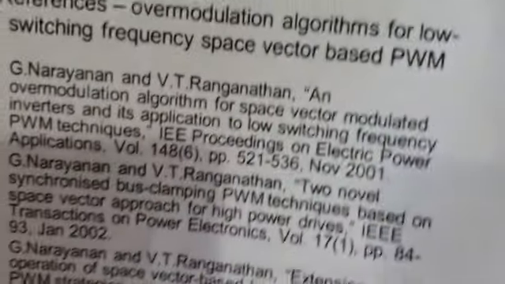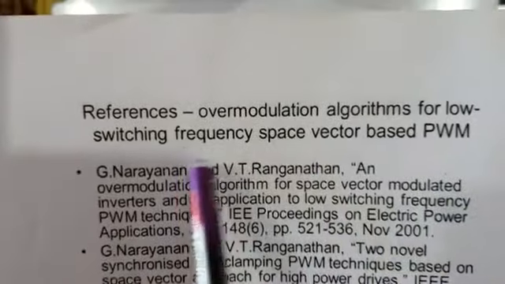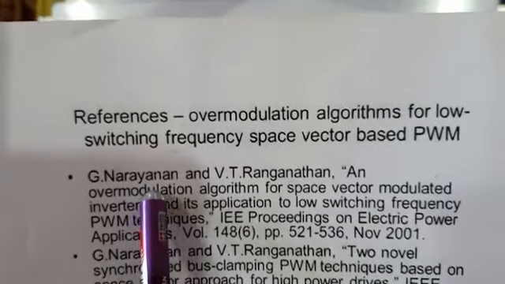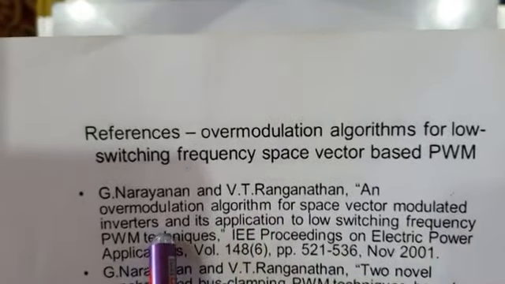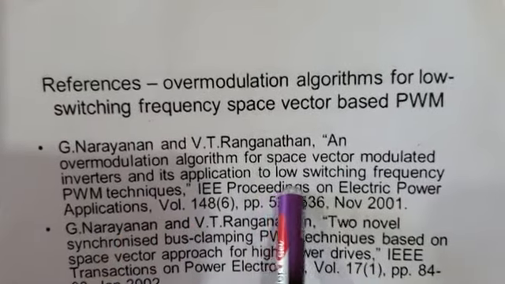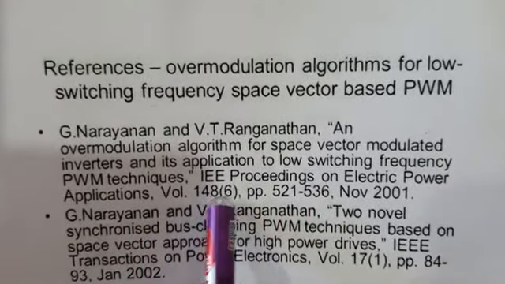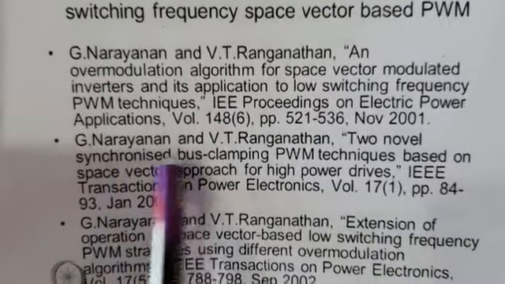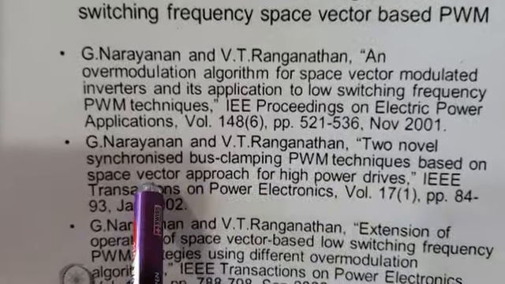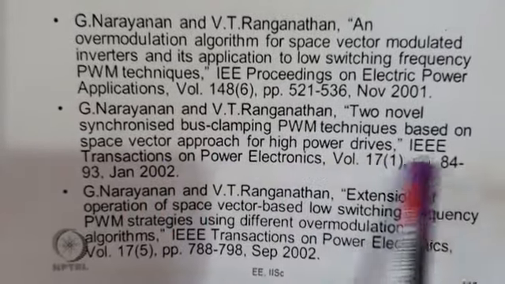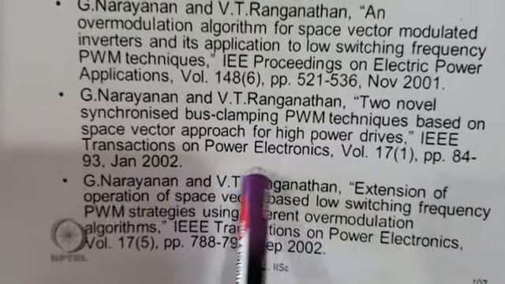References on over-modulation algorithms for low switching frequency space vector based PWM. G. Narayanan and V.T. Ranganathan, An Over-modulation Algorithm for Space Vector Modulated Inverters and its Application to Low Switching Frequency PWM Techniques, IEEE Proceedings. Then another is by G. Narayanan and V.T. Ranganathan, Two Novel Synchronized Bus Clamping PWM Techniques Based on Space Vector Approach for High Power Drives, IEEE Transactions on Power Electronics.